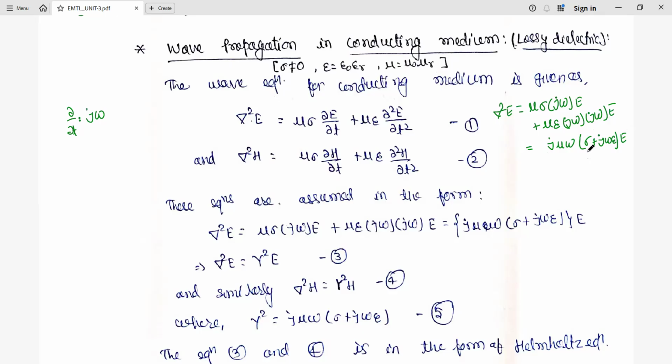You can see that the conductivity term is increased by another term, that is j omega epsilon. Now this term we are going to write as gamma square. Finally we have del square E equal to gamma square E. Now what is gamma here? Gamma square is j mu omega into sigma plus j omega epsilon. That is written here in equation 5.